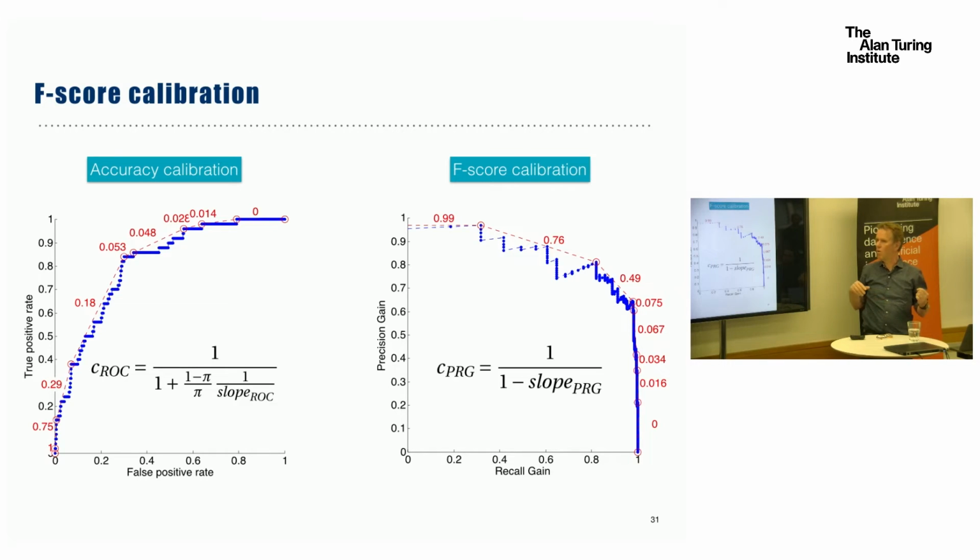So my classifiers output a calibrated probability if you're interested in accuracy, and a different calibrated probability if you're interested in F-score. These two numbers are not reducible to each other, so I need them both. And so now the user can decide: today is Monday, I'm optimizing accuracy, I use this number. Tomorrow is Tuesday, I'm optimizing F-score, I use the other number.